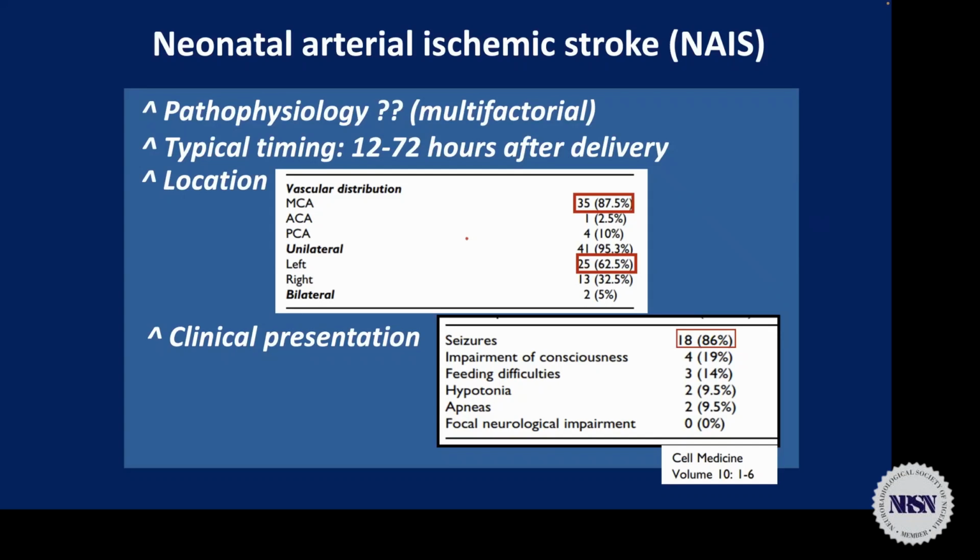So that could mean that these strokes are, in fact, embolic in origin from the heart, like in adults, in fibrillating old men. But we don't know exactly. What we know very well is that the typical clinical presentation of neonatal arterial ischemic stroke is seizures. 90% of cases, seizures.